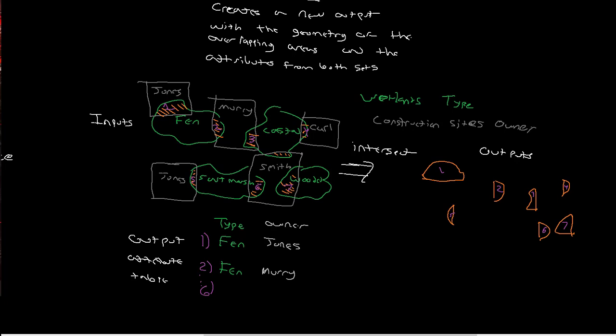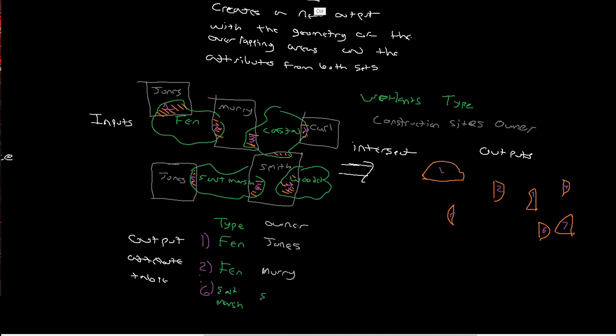6 is going to have its type come from this piece here, so its type is going to be salt marsh. And its owner is going to be Smith.